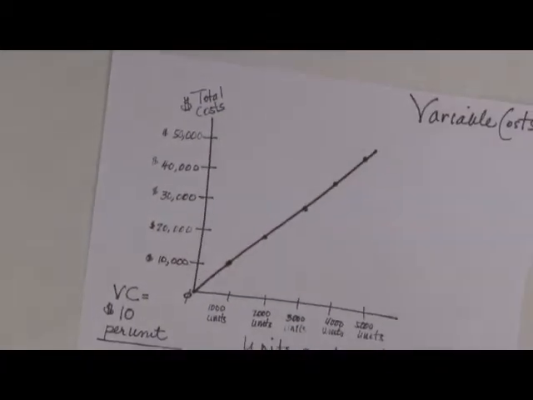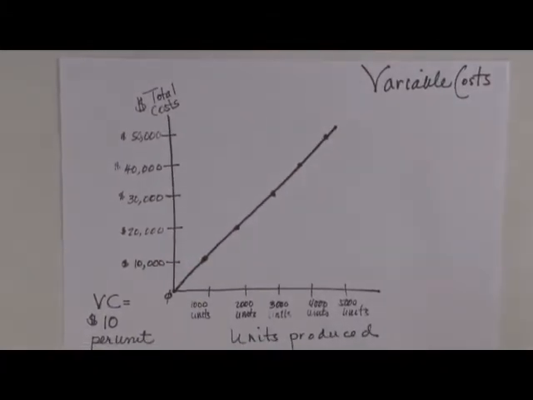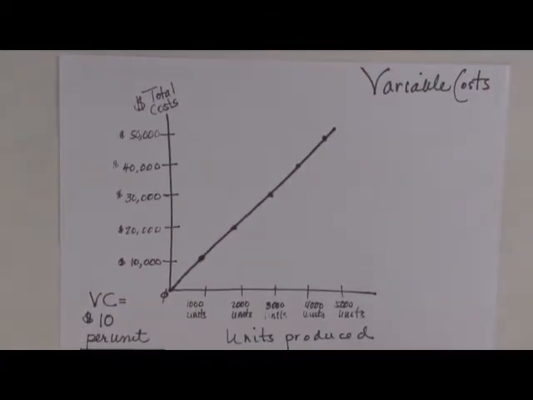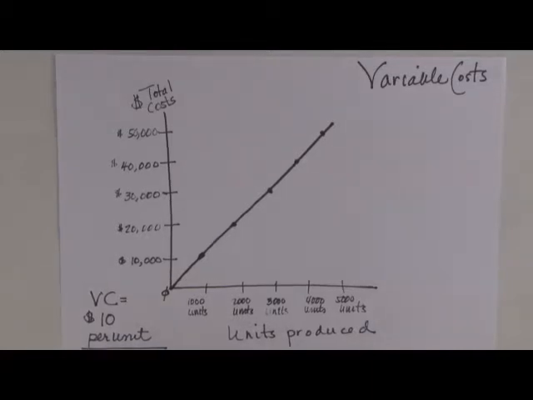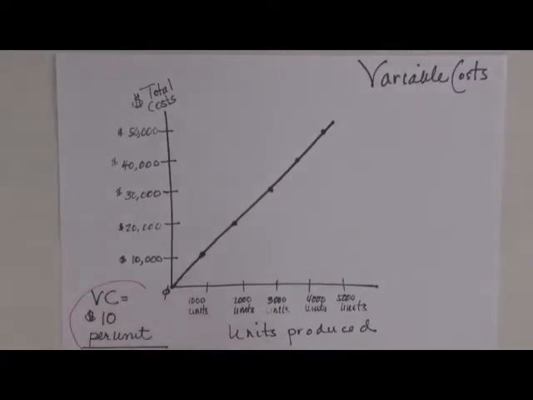Let's look at a graph of the variable costs. And the variable costs are typically expressed on a per unit basis. This is an example of a $10 variable cost. And you notice again, the typical expression is so much per unit or per hour.